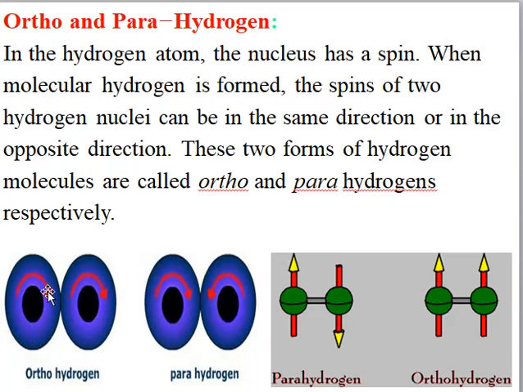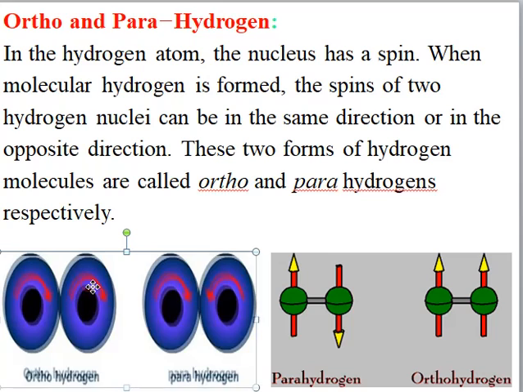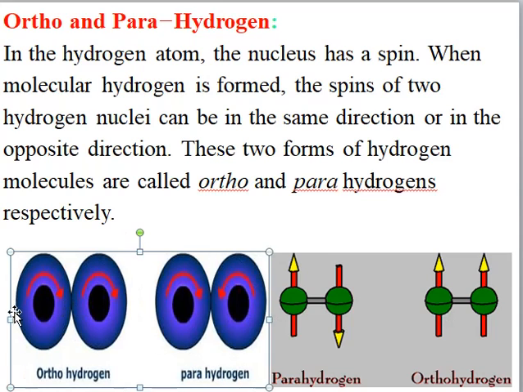See here in this one, this is one hydrogen atom and this is one hydrogen atom, and this is the proton present in the first hydrogen. This is the proton present in the second hydrogen. If you see the red arrow mark, both the arrow marks are going in the same direction, showing that the protons are spinning in the same direction. The same thing I have represented here as an arrow mark.